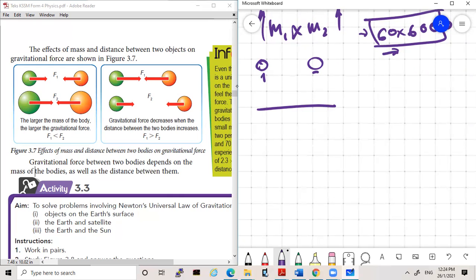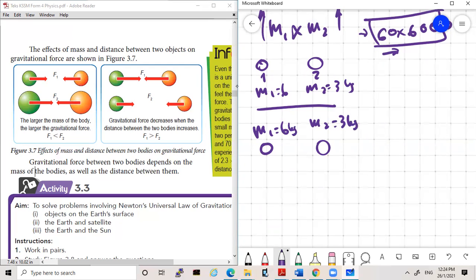This is object 1, object 2, so M1 and M2, with the same masses: M1 is 6 kilograms and M2 is 3 kilograms. The masses are the same in both situations, but the distance is different.